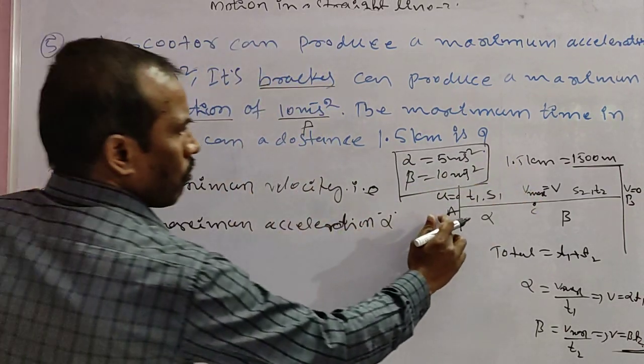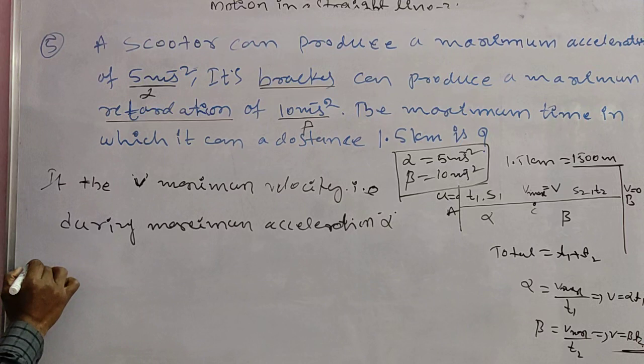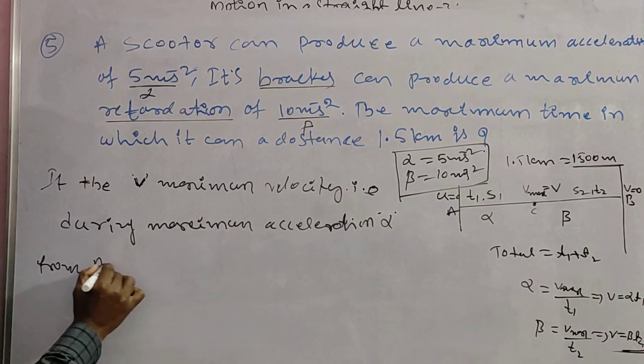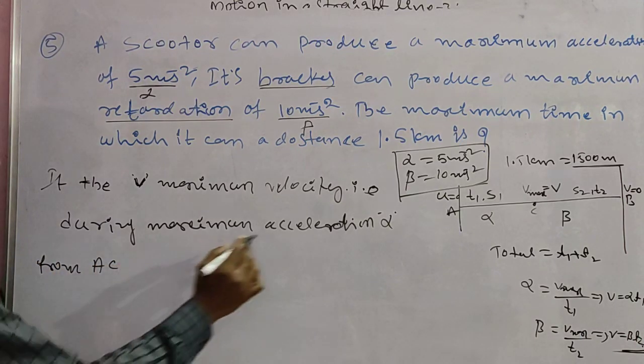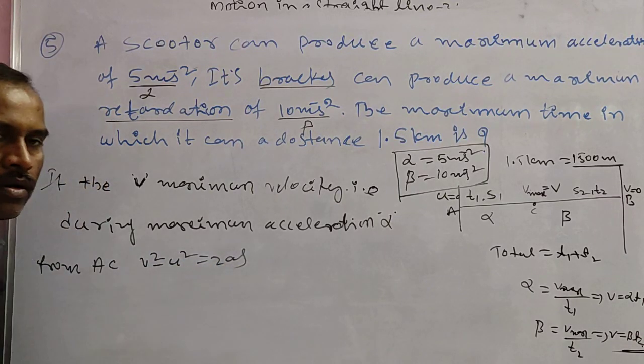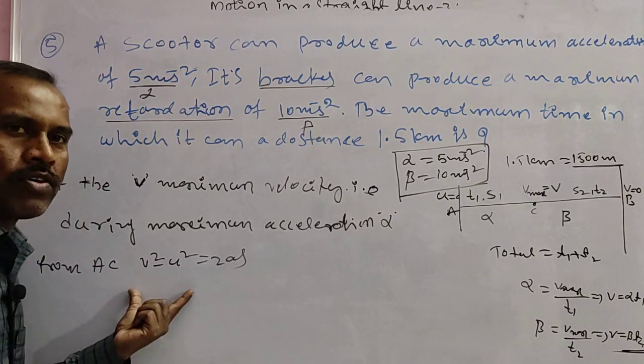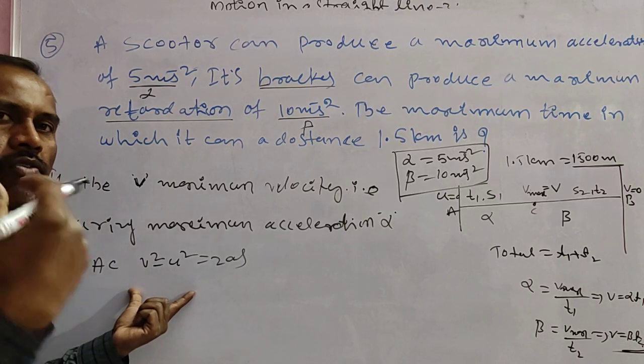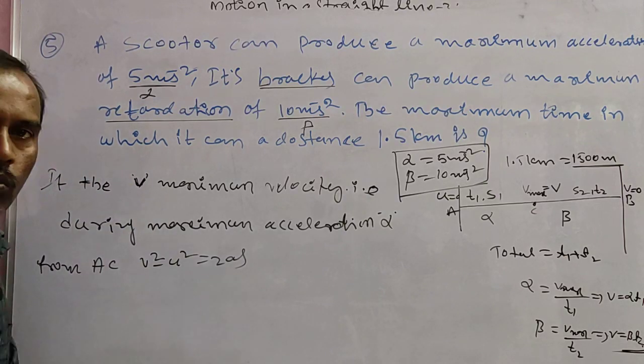Now first of all, from A to C, using the third kinematic equation of motion, V square minus U square is equal to 2AS.